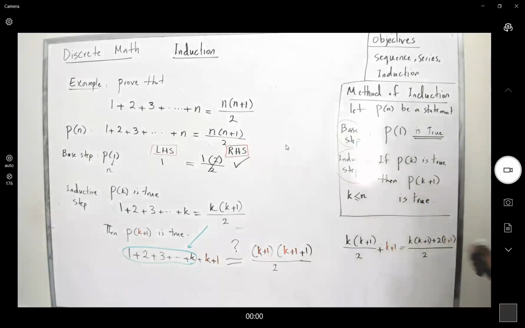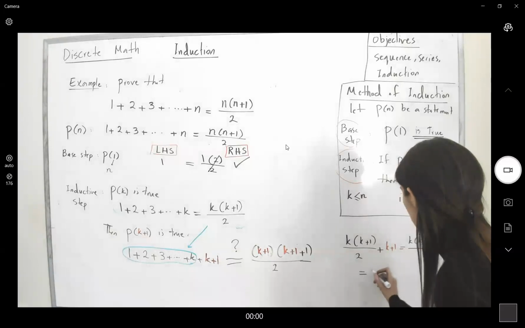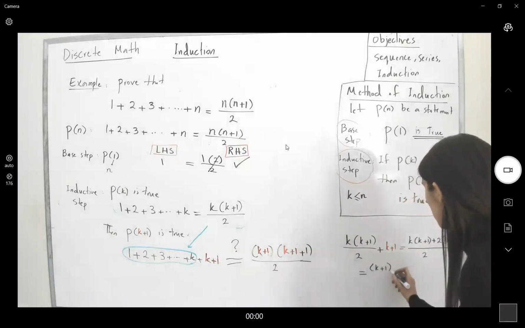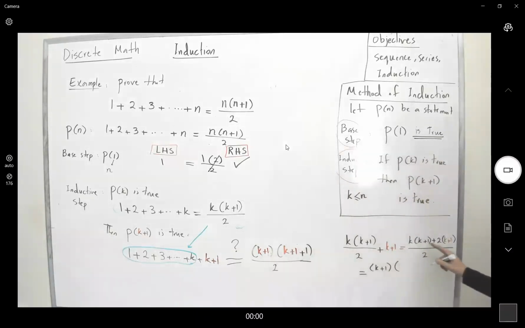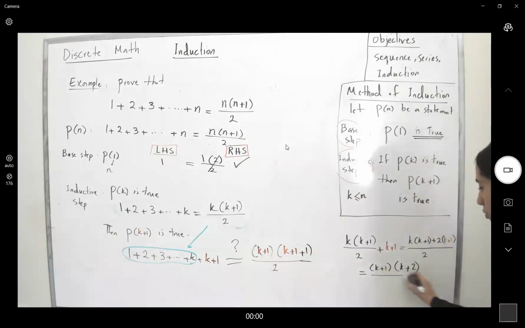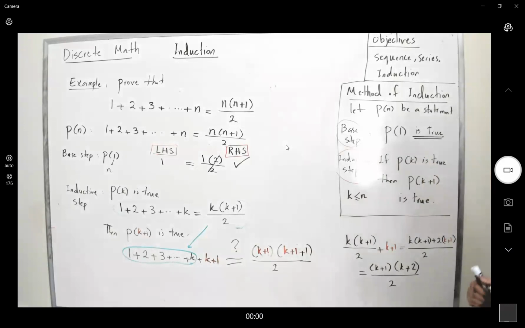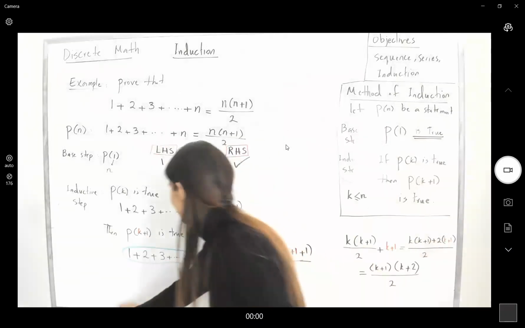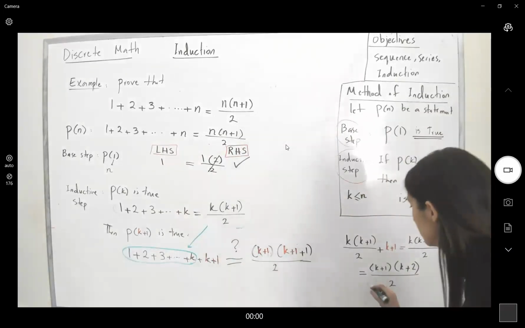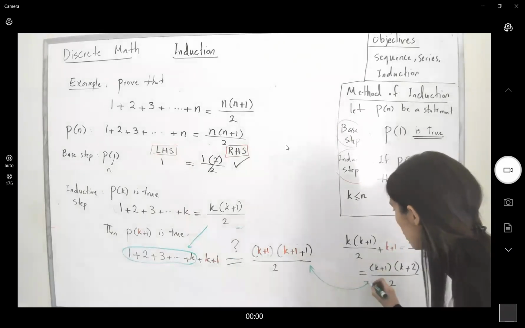Okay. Here I'm going to factor out k plus 1, which is equal to (k plus 1) times (k plus 2) divided by 2. So this is my left-hand side. Is it equal to the right-hand side? Of course. These two are equal.